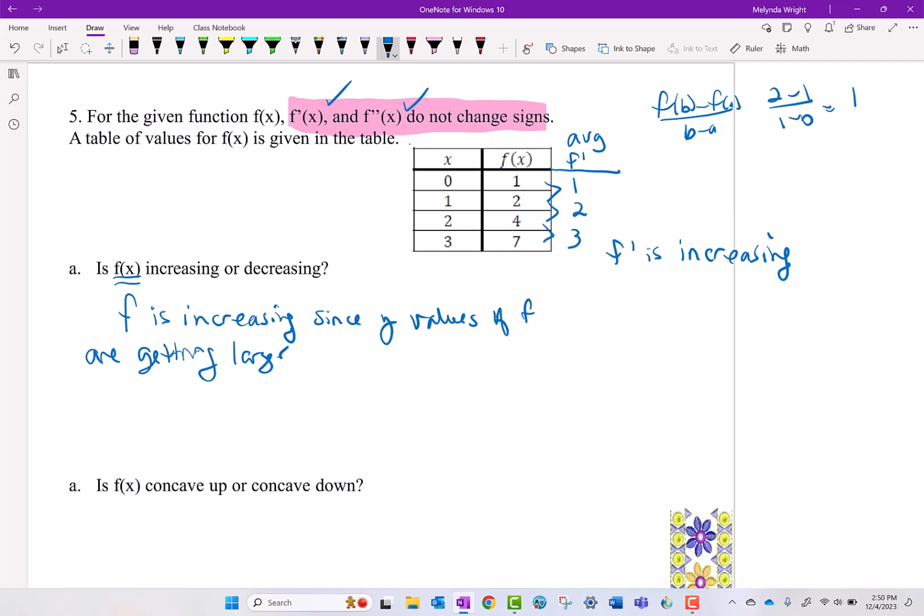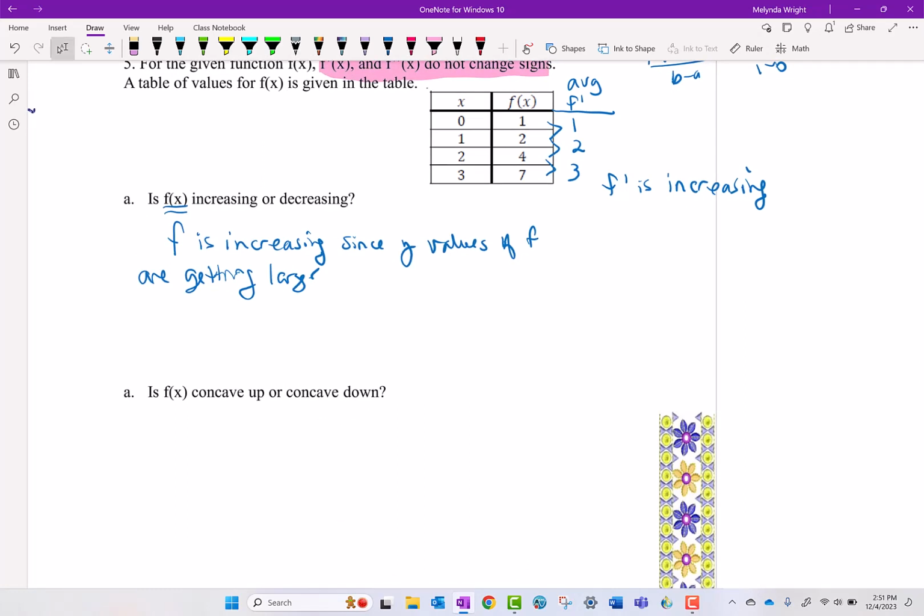If f prime is increasing, so f prime is going like this, that means its slopes, which is f double prime, are positive. And what happens when f double prime is positive? Oh, that's right, we are concave up. So since f prime is increasing, f is concave up.